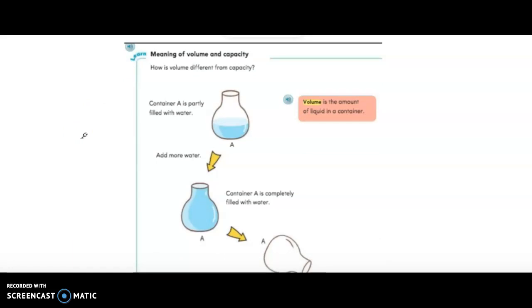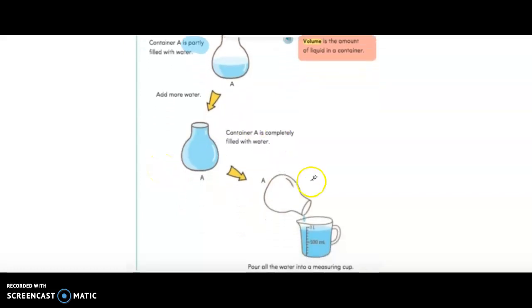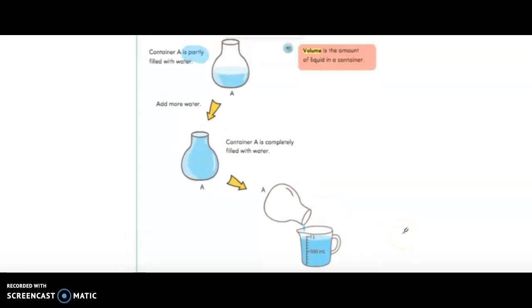All right, now we are going to be moving on to thinking about how volume is different than capacity. So container A is partly filled with water. That partly is going to be important. Then they add more water. Container A is completely filled with water, and then they're dumping it into the measuring cup there.